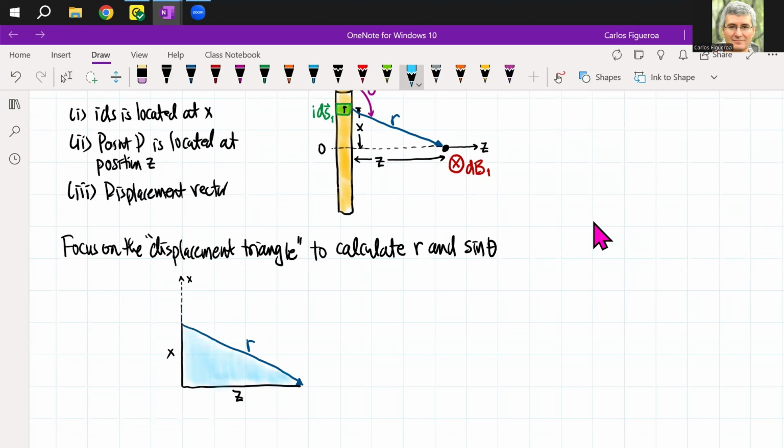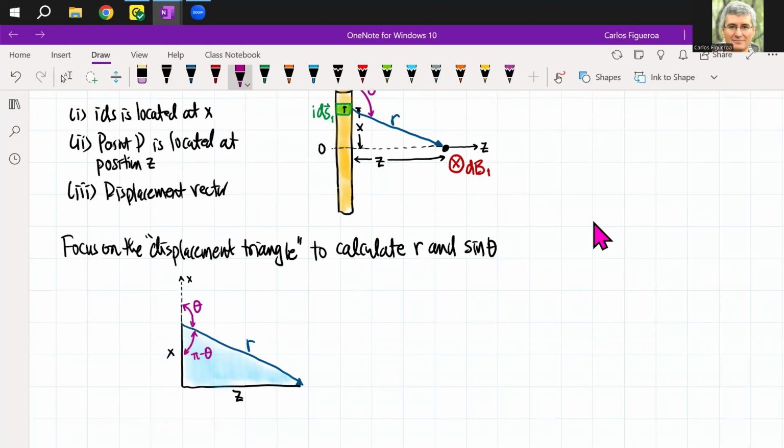Note that this angle right here is theta. It's not inside the triangle, so I need to make it inside the triangle. But note that this right here is 180 degrees. So if that's theta, then this angle here must be pi minus theta.